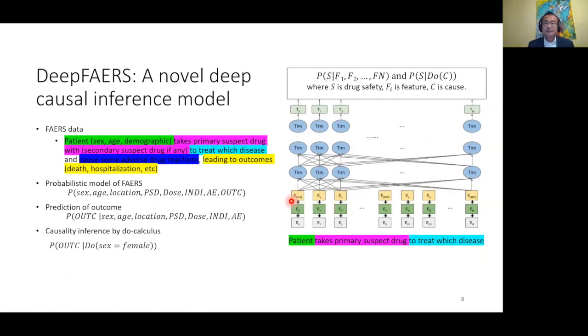But to the best of our knowledge, there's no approach that addresses causal inference using deep learning. So for this reason, we combine deep learning with Bayesian network, to take the most from both approaches.